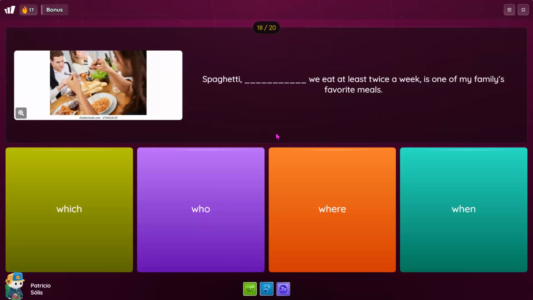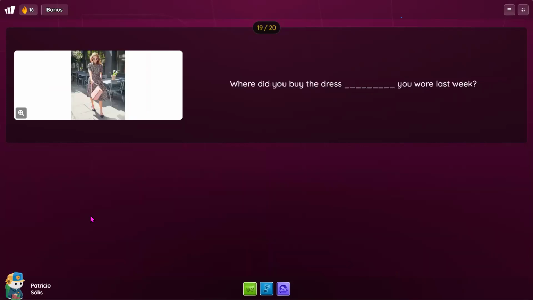Another one. Spaghetti we eat at least twice a week is one of my family's favorite meals. Spaghetti which. Right. Thank you, my dear Ángel Jesús.